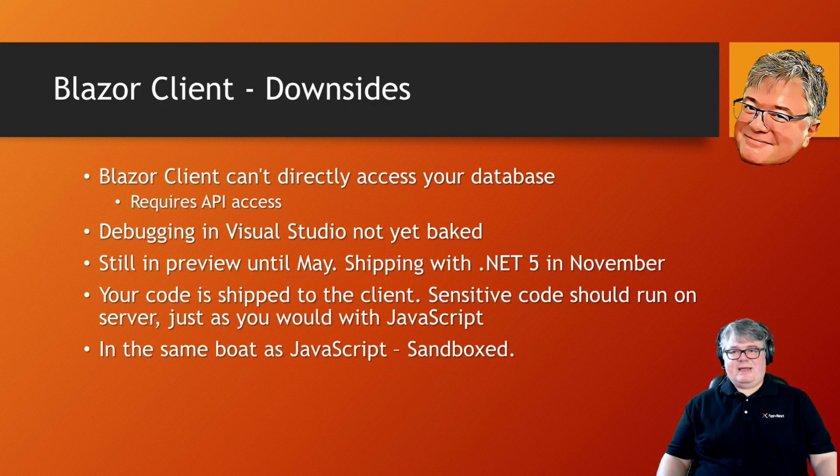Now, on the downside, again, I put this on here because some people think this is an issue. Your code is sent to the client. So yes, people can look at your assemblies and they can decompile them and they can look at the source. You can obfuscate them just like you can do with assemblies that aren't running in the browser.